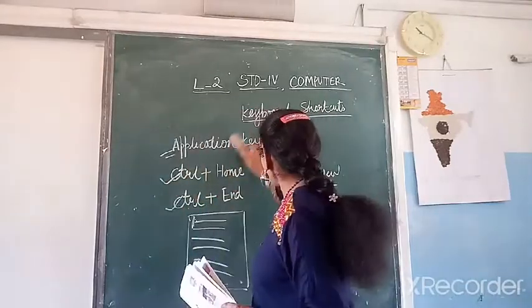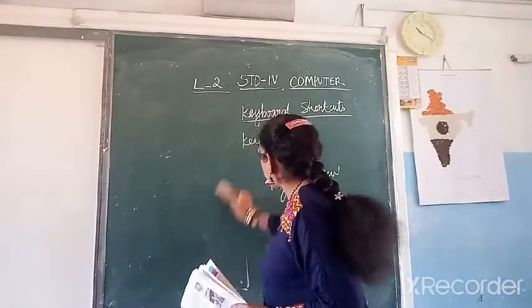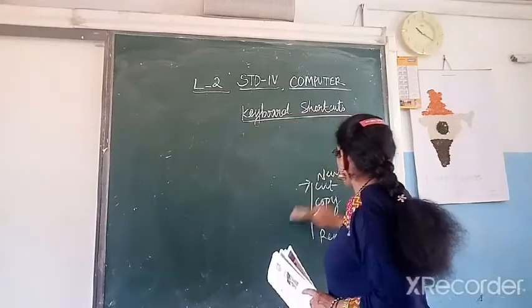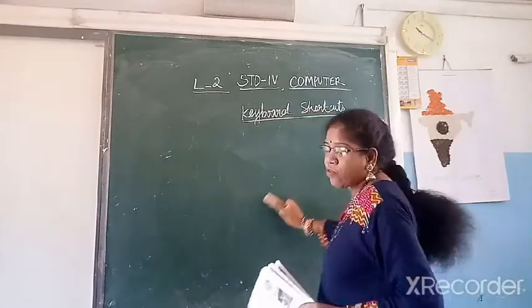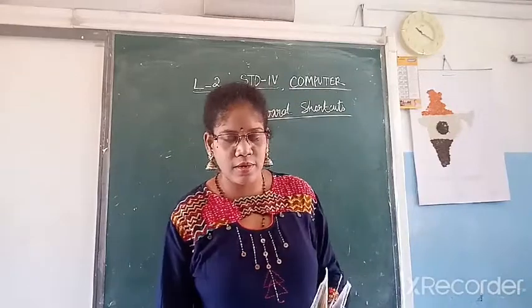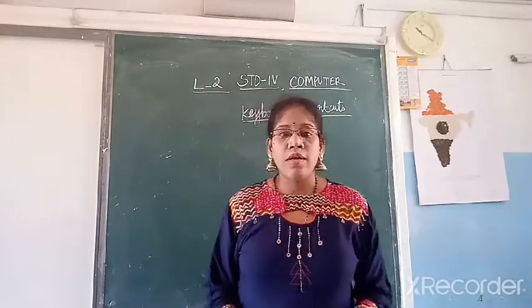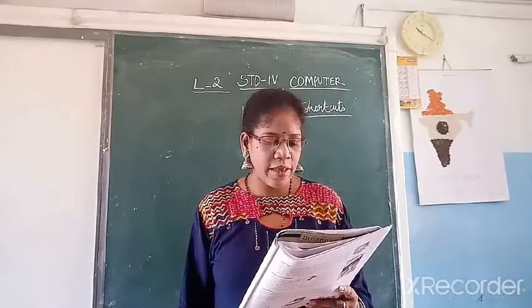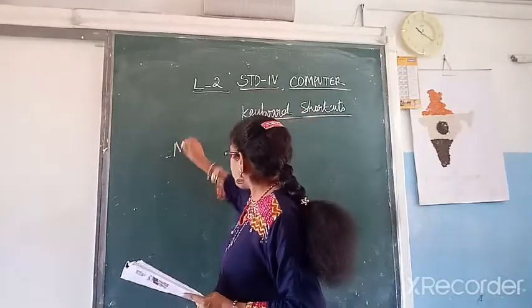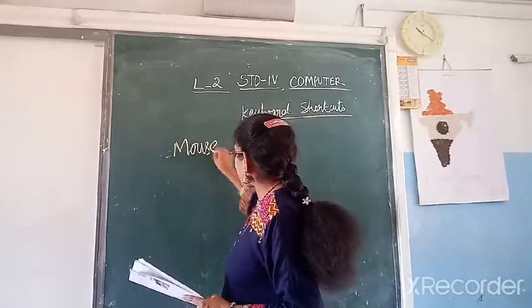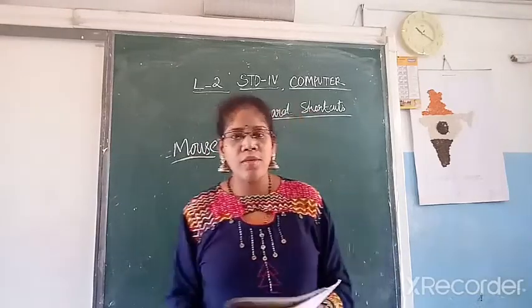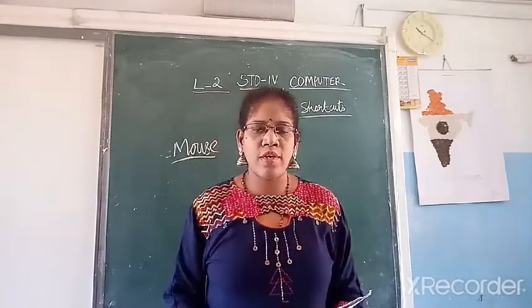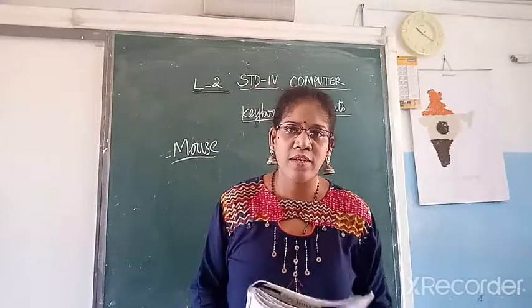Now, let us read some more input devices. Already, I have told you about the printer and the keyboard. Now here is some more input device, like your mouse. Mouse is an input device. It is also known as a pointing device.